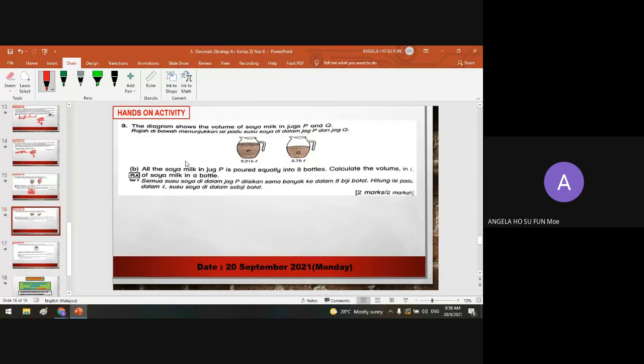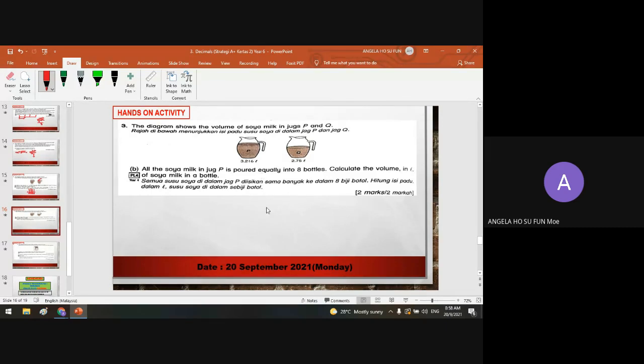All right. So all the soya milk in jug P, pour equally into 8 bottles. Who can answer? What operation are you going to use to solve this problem?